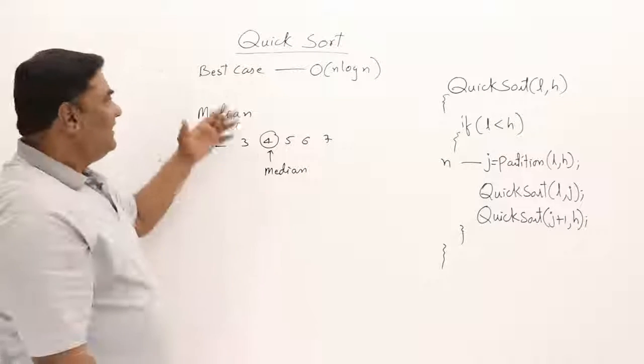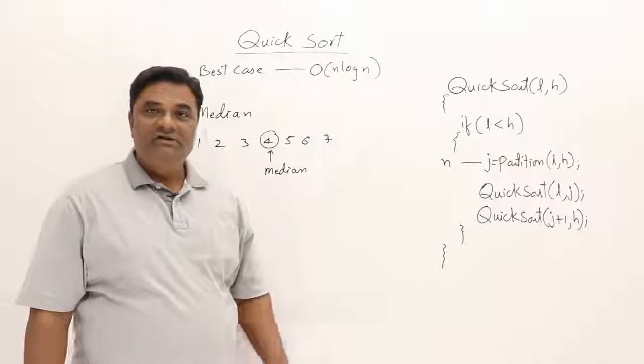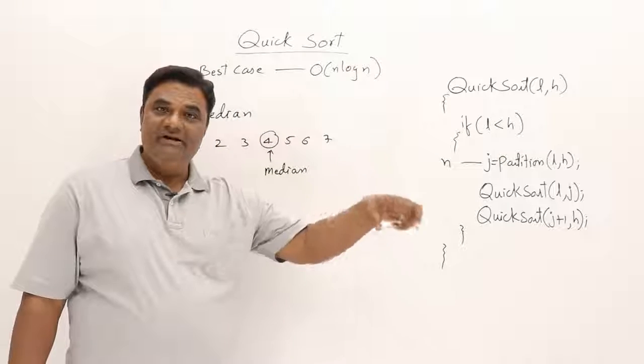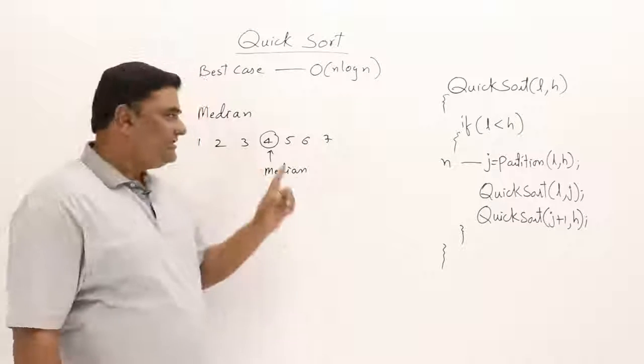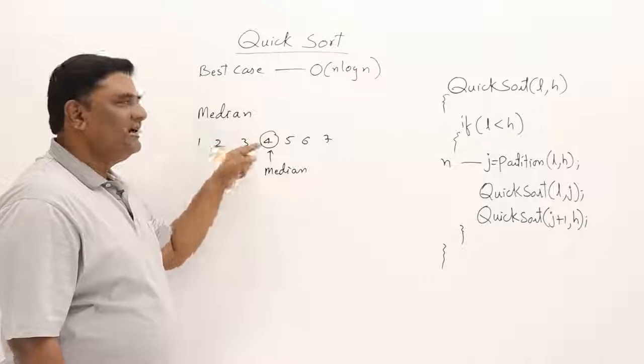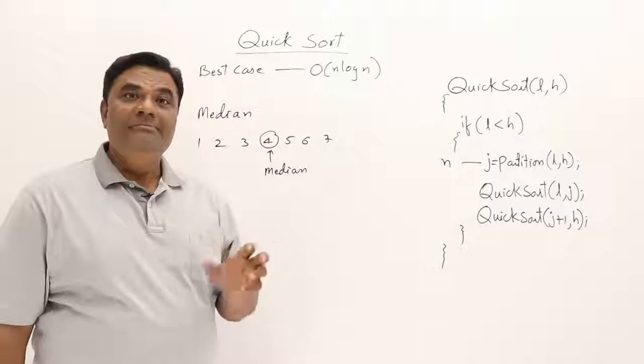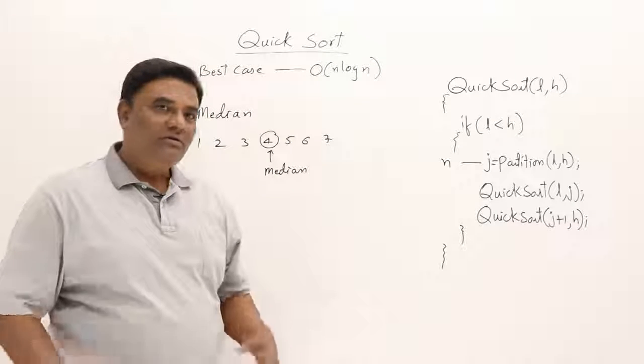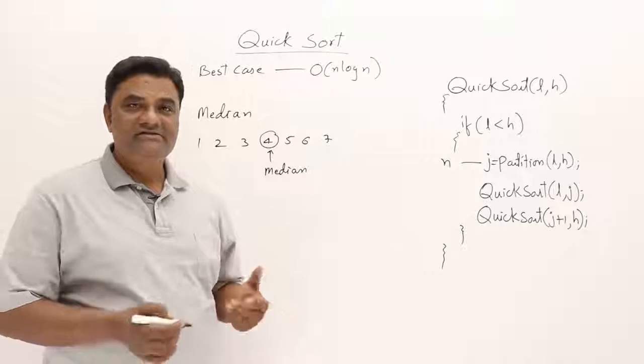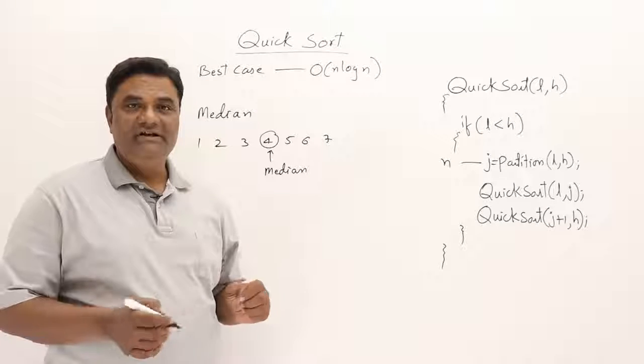Then the best case of quicksort is when the partitioning is always in the middle. If partitioning is in the middle, it means the element selected as pivot should be the median. So how can you know the median unless the list is sorted? We cannot know the median.